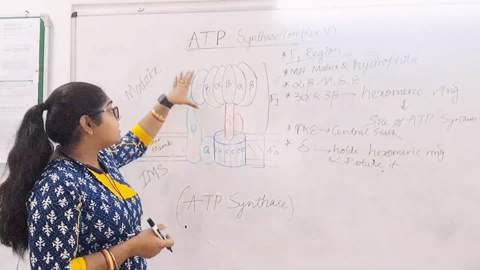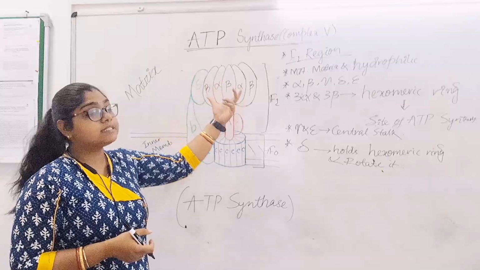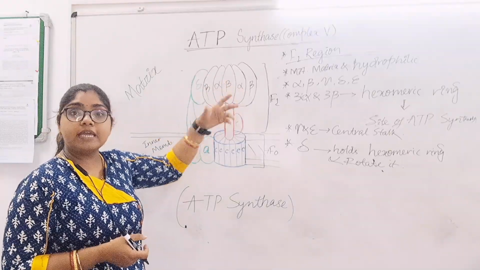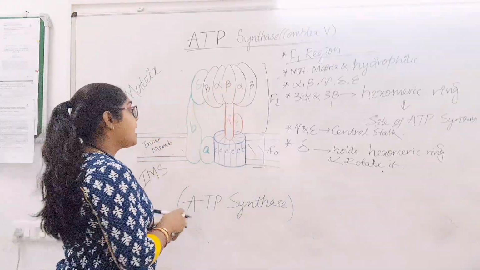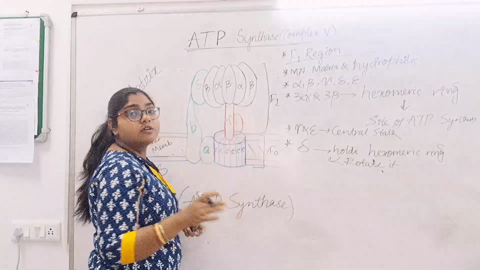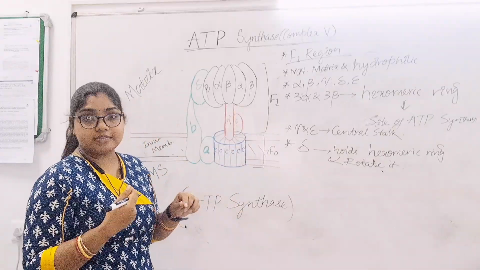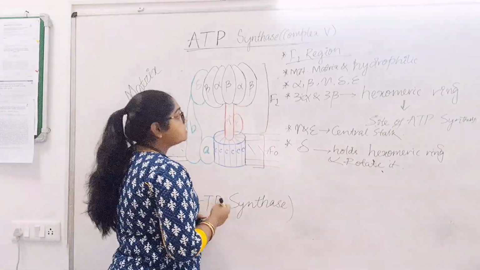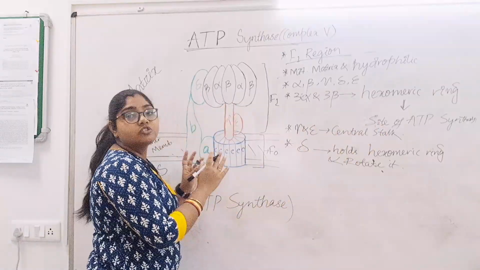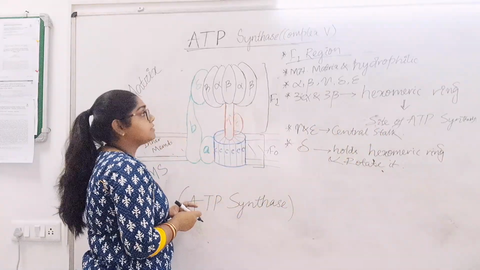So here the delta holds this 3 alpha 3 beta hexameric ring, and the stalk is movable, it rotates itself. This is the structure of the F1 region.